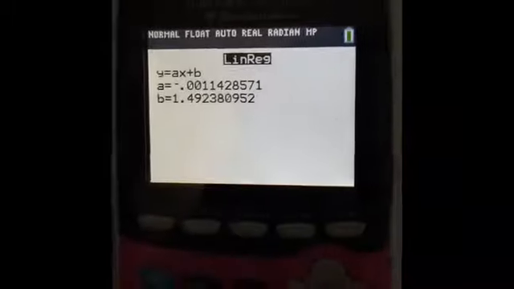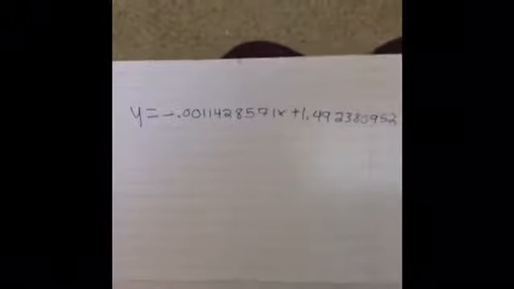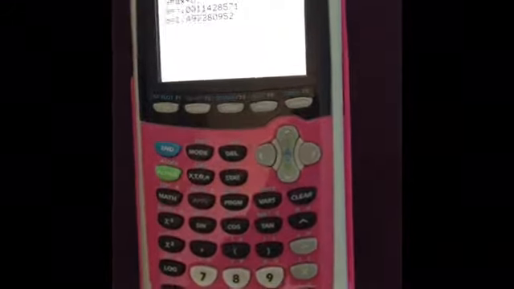Now you see your A and B value. Plug it in to y equals ax plus b and write down your equation. After that, you go back to y equals and plug in that equation.